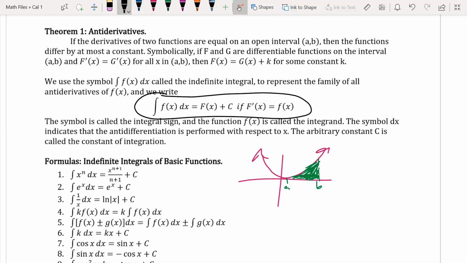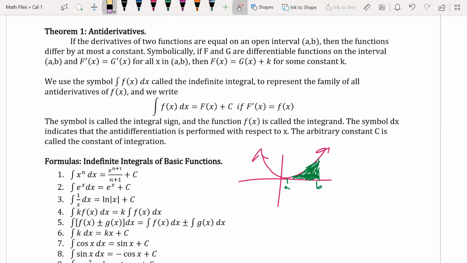The symbol is the integral symbol. The function inside the integral is called the integrand. The symbol dx indicates that the anti-differentiation is performed with respect to x, and the arbitrary constant c is called the constant of integration. So that c must be tagged along every time we find an antiderivative.